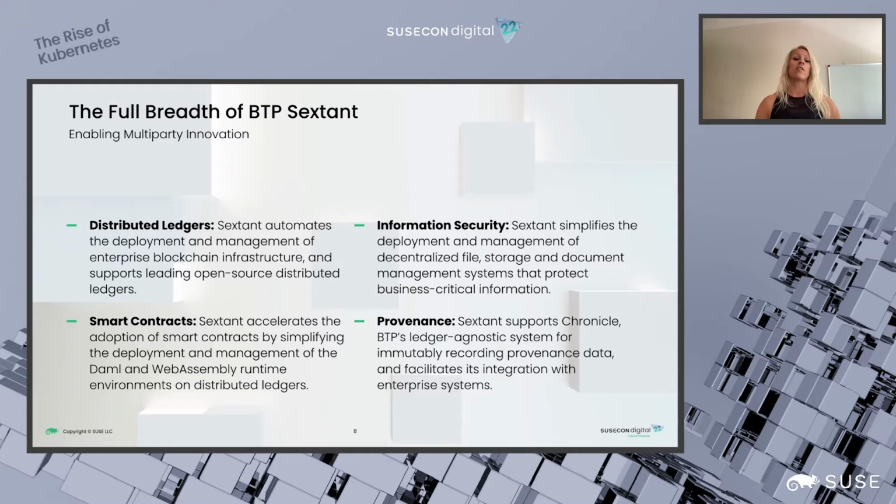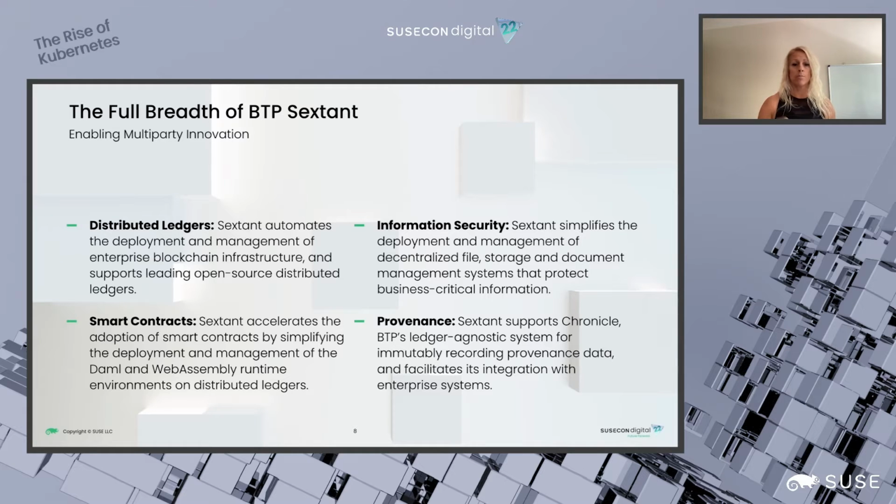Sextant doesn't only help the deployment of a blockchain-based network, it also has its role higher up the stack. So in addition to distributed ledgers, Sextant can also simplify the deployment and management of, for example, a decentralized file system or a document management system to protect critical information for your business.